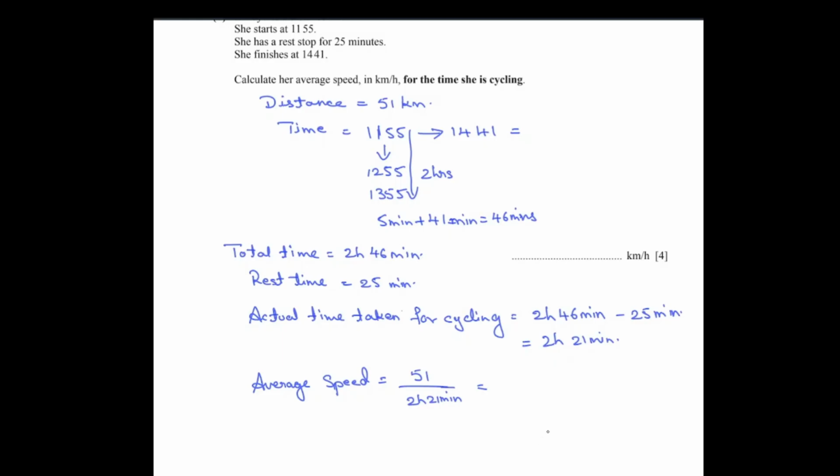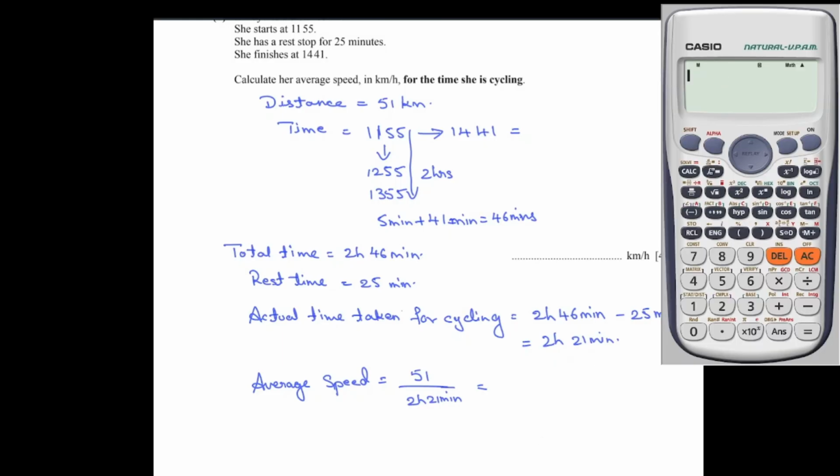So let me use the calculator for that. Use the shift button, take the mixed fraction part and make it 2, and write the fraction 21 by 60, because it is out of 60, 21 minutes. So I need to change it into complete hours.